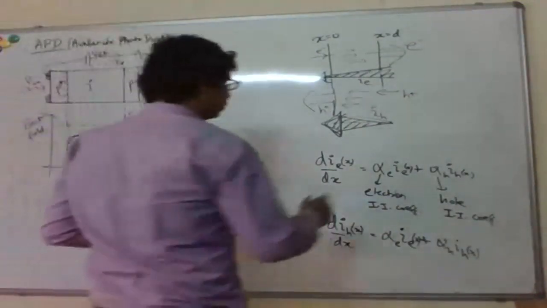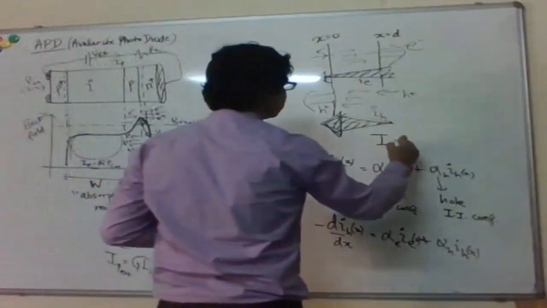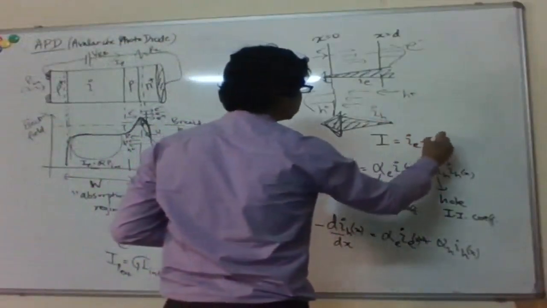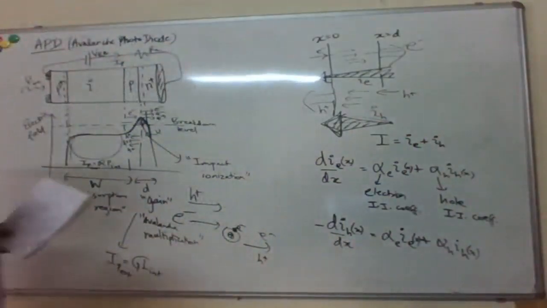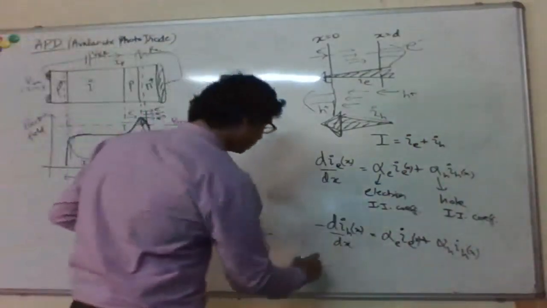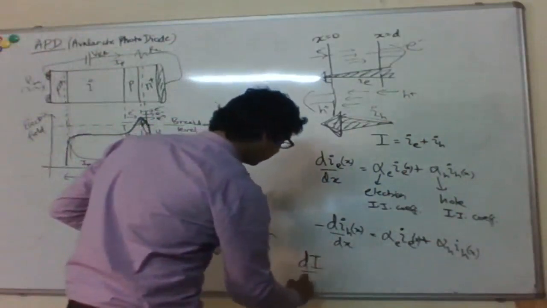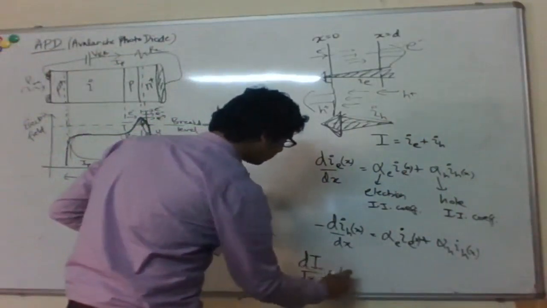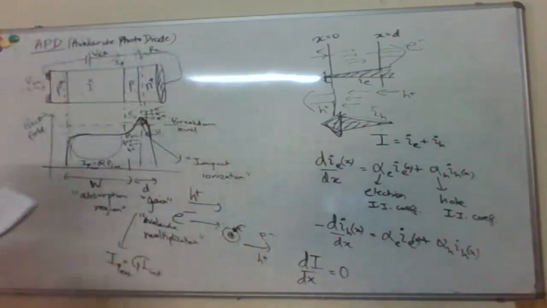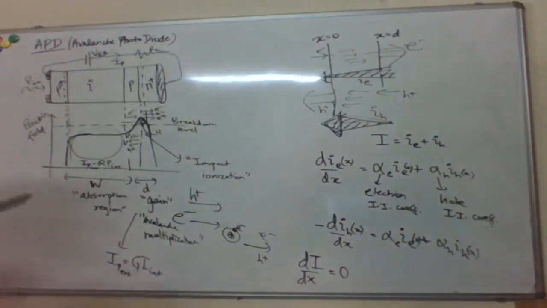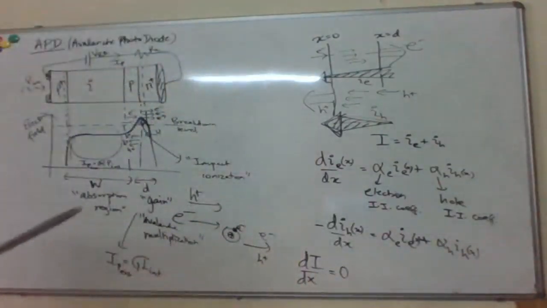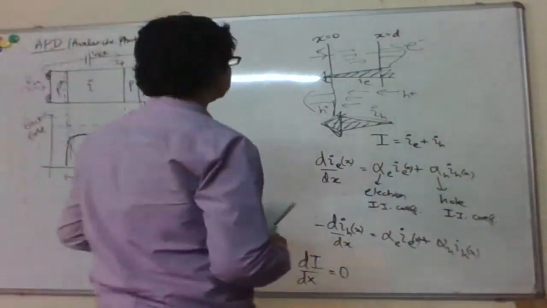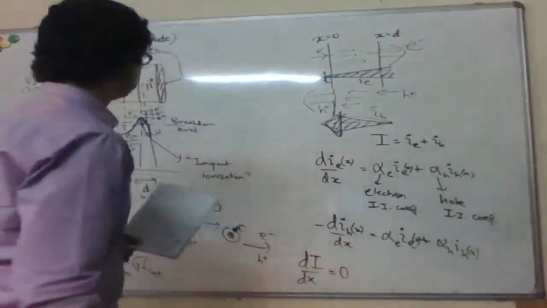So if I define the total current as the sum of the electron and hole current, you can see that just from these two equations, if I add them, then the total current is an invariant under this model.